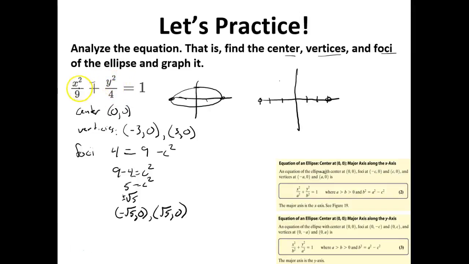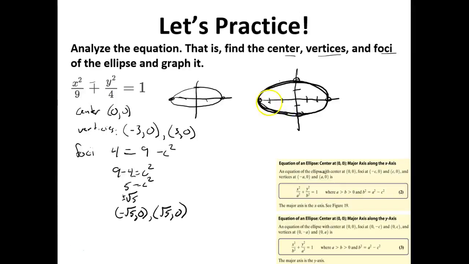If x is 0, my y-intercepts, this part's 0, so the y is going to have to be plus or minus 2. So I've got those 2 additional points right there. And then when I connect the dots, I'm going to end up with something kind of like that.